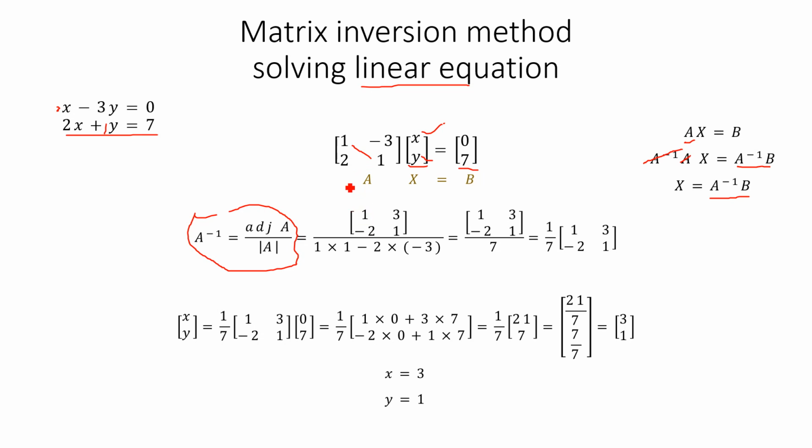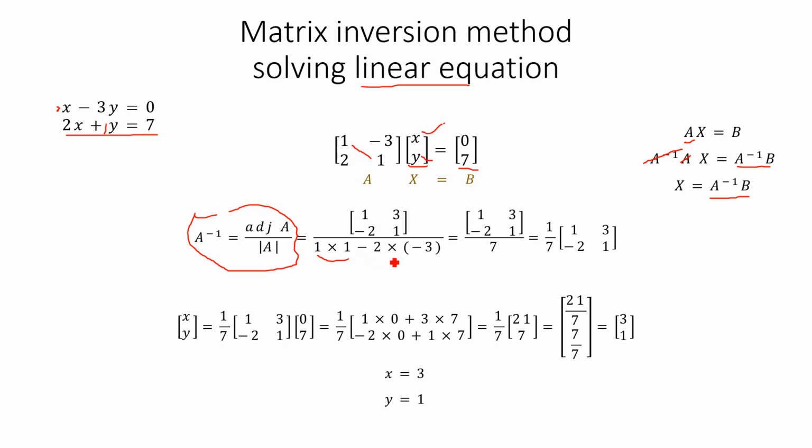The determinant of any matrix is found by multiplying the diagonal terms, then placing a minus sign, and then multiplying the second diagonal terms. So we have 1 multiplied by 1, the first diagonal terms, then we place a minus sign, and then we multiply 3 with 2.